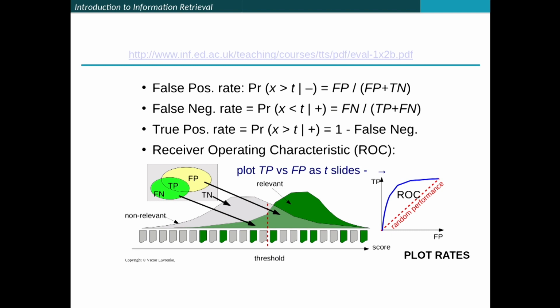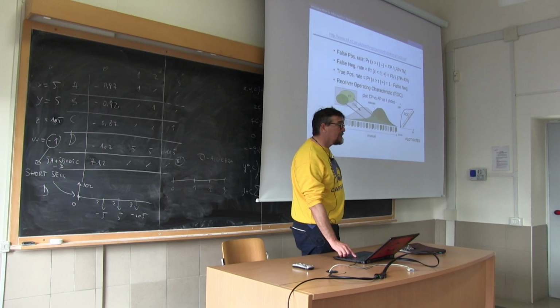What are true positive and true negative? They are the sets of retrieved documents that are actually relevant or not.